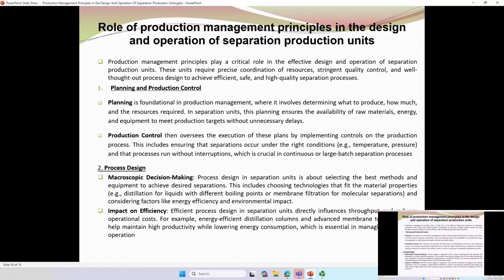So in separation units, this planning ensures the availability of raw materials, right? Energy and equipment to meet production targets without unnecessary delay. An example is, last week I think we dealt with downstream processing, right? In biochemical engineering, right? And downstream processing is more related to what?